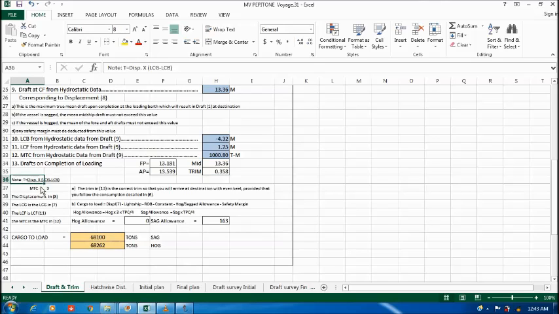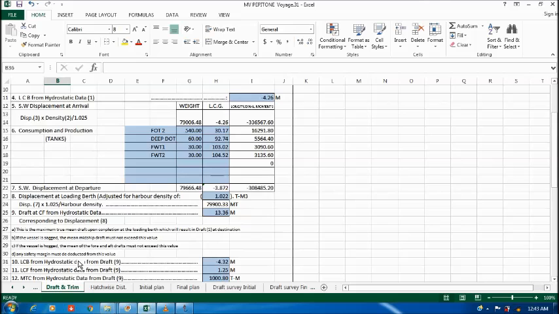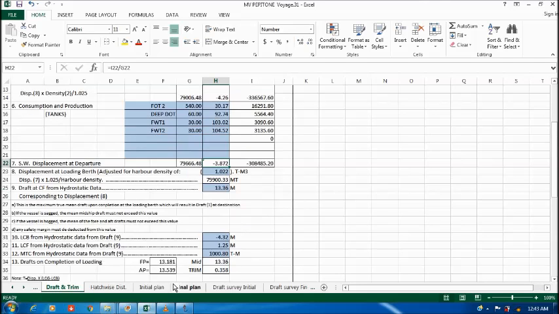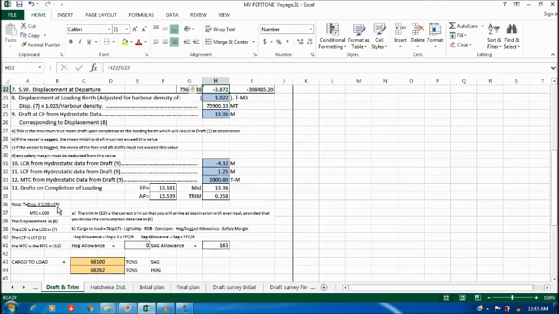By applying the formula here, the total displacement number 7 multiplied by the LCG of 3.872 minus the LCB of negative 4.32, divided by the MTC multiplied by 100, gives us our trim of 0.358 or 36 centimeters.